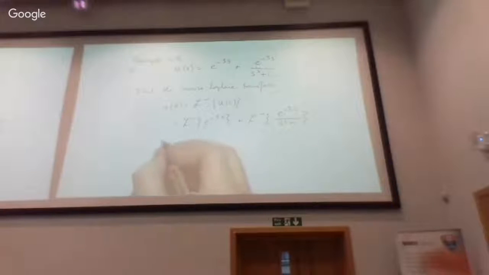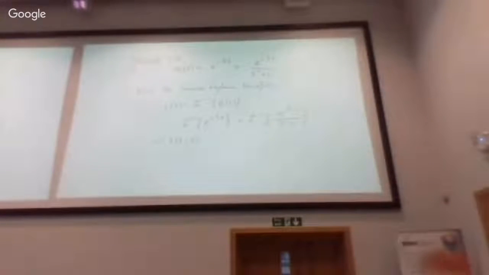And from the work we've done earlier today, seeing an exponential on its own like this, e to the something times s, that's come from transforming a certain Dirac delta function. So the inverse transform of that will be delta of t minus 3.